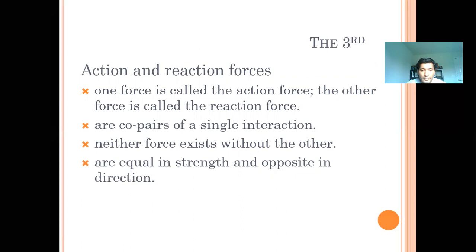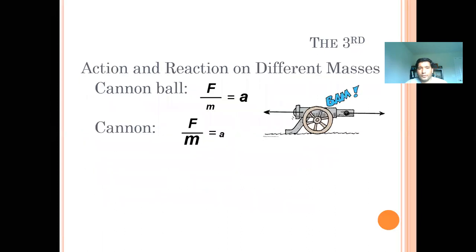So there will not be existence without the one. If two cars are not colliding, there is no force, right? They will be equal in strength and opposite in direction. They always act on different objects, not on the same object. It could not be possible, right? These are some important points you should remember. If you have any question, you can ask anytime, okay?